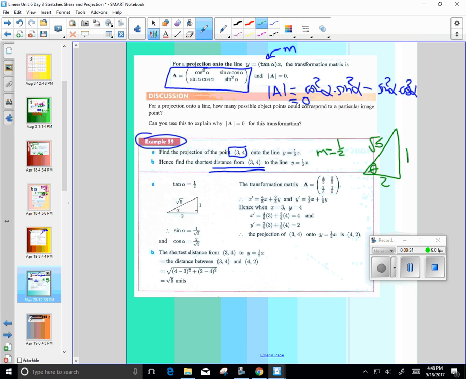So the sine of alpha is 1 over the square root of 5, and the cosine of alpha, theta, is 2 over the square root of 5. Once I know those, I can put those into the formulas that you have here.